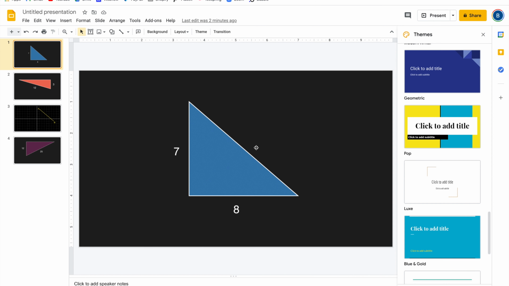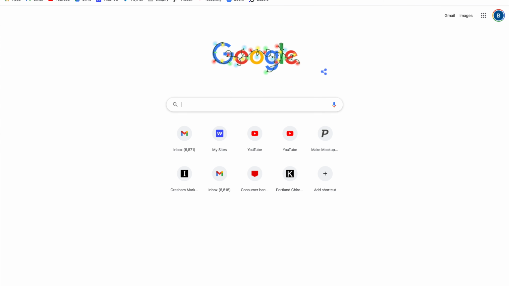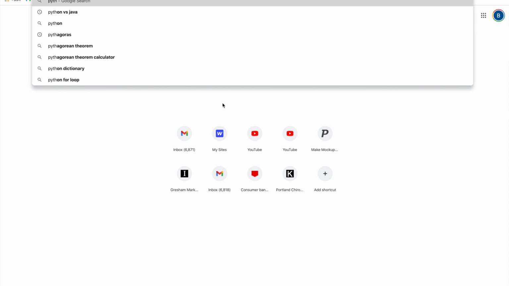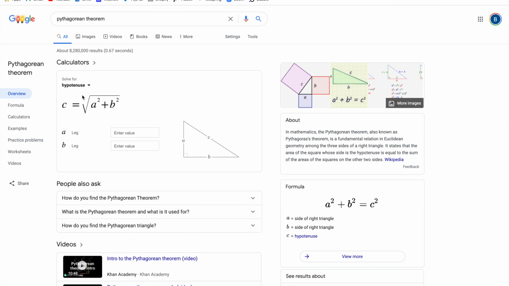We don't know what that is, so we're going to be solving for the hypotenuse. And our legs are 7 and 8. So let's go ahead and solve using Google. We'll just type in Pythagorean Theorem. That search will take you here, and you're in the Pythagorean Theorem calculator. And this is the key.